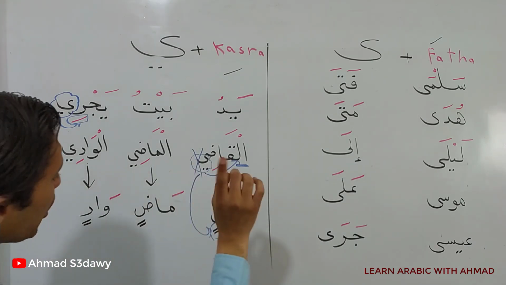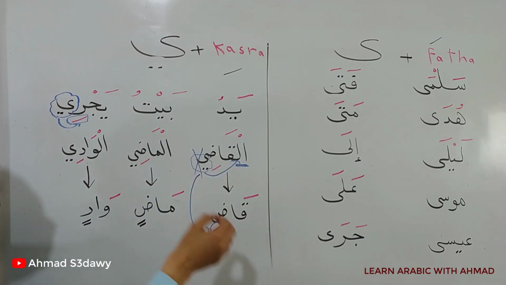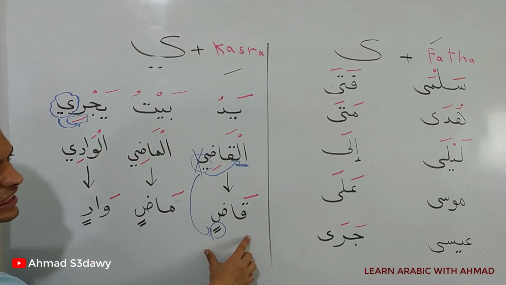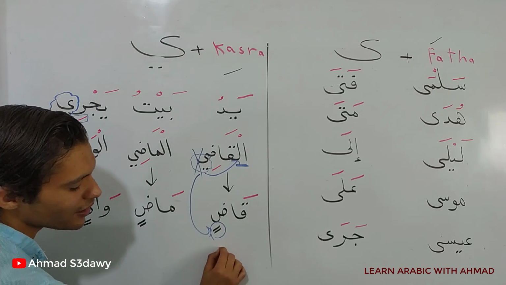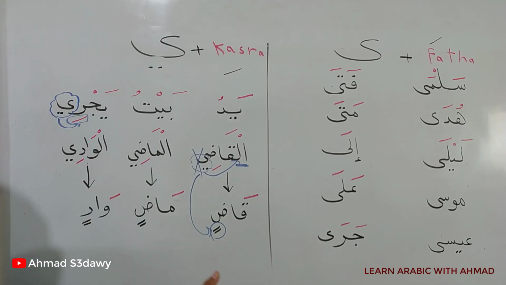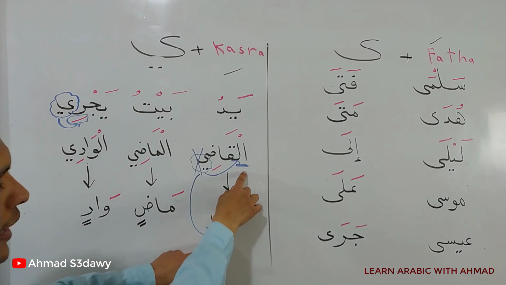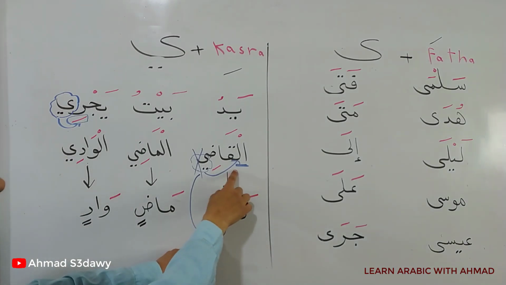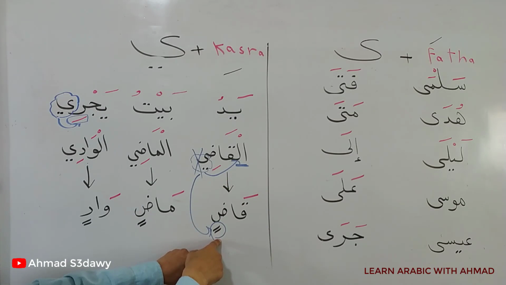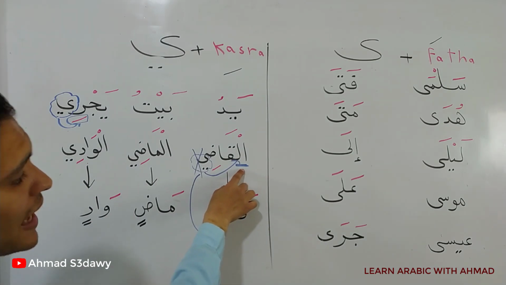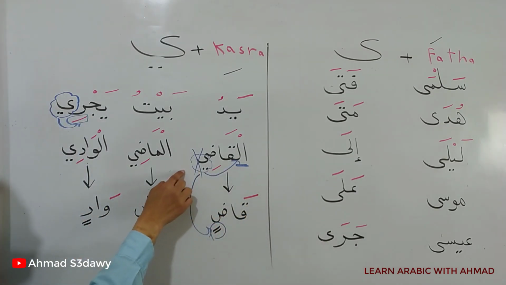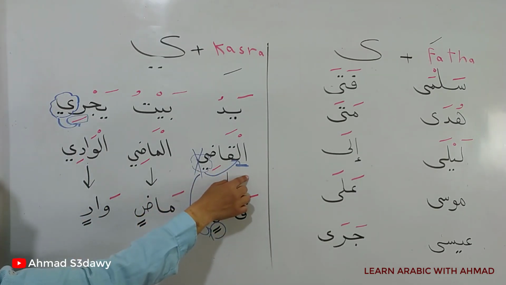So you don't say qadi, you have to say qadin, tanween with kasra. And this is exactly what we said in the last video when we talked about alif and lam and tanween. We said alif and lam and tanween are enemies, remember? They hate each other. They can never ever exist in one word. And that's why if there is alif and lam, you can never find tanween. You say al-qadi.